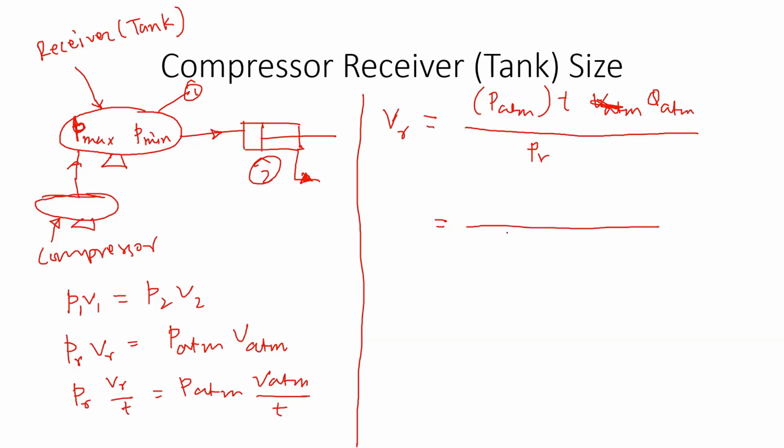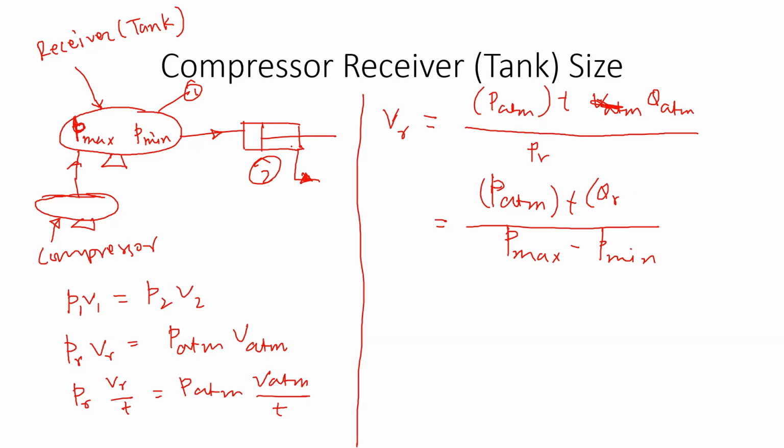PR, the receiver pressure, that is the operating pressure, is between the max and the minimum, and then P atmosphere, atmospheric pressure, times T, and this Q ATM, we can write that. Imagine that the system is using gas at a rate of QR.